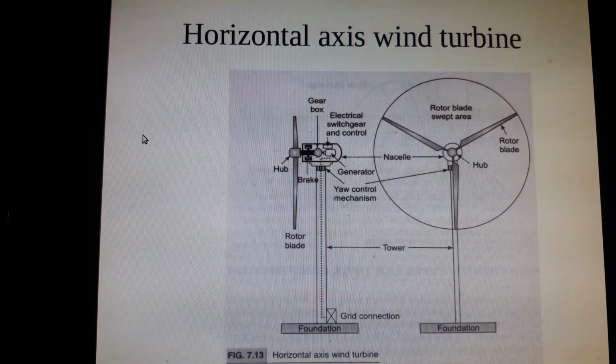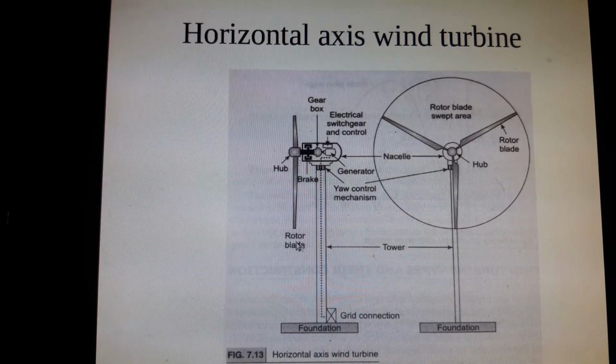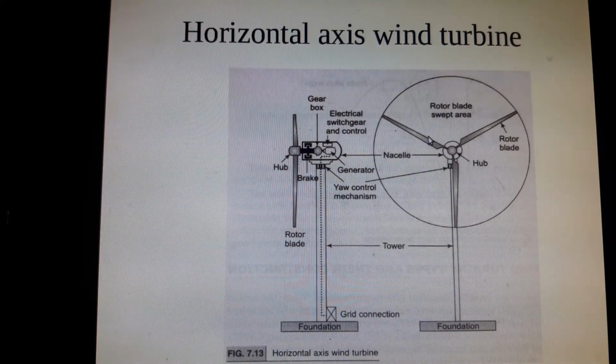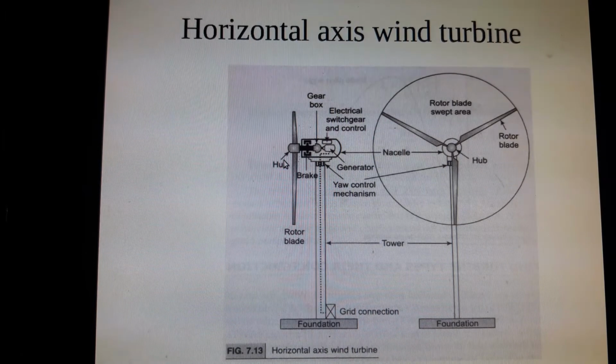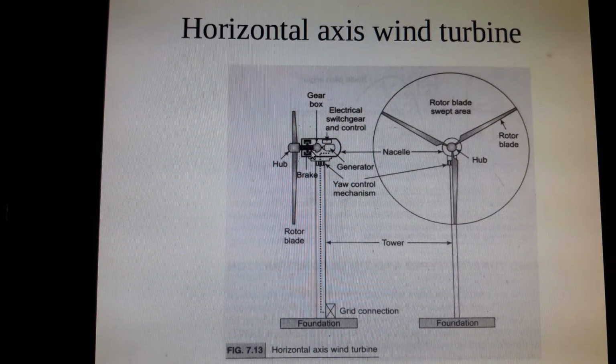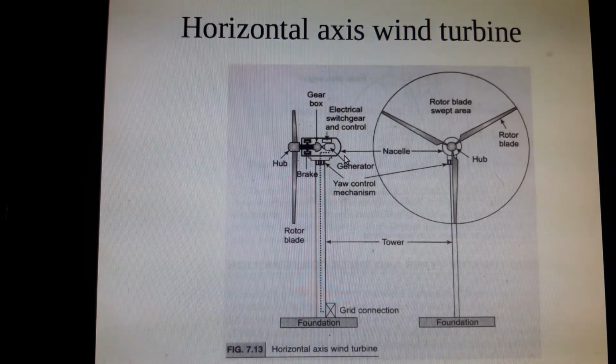As you can see, the wind turbine has blades which are connected with the hub, and in turn the shaft of the wind turbine is housed in a casing.